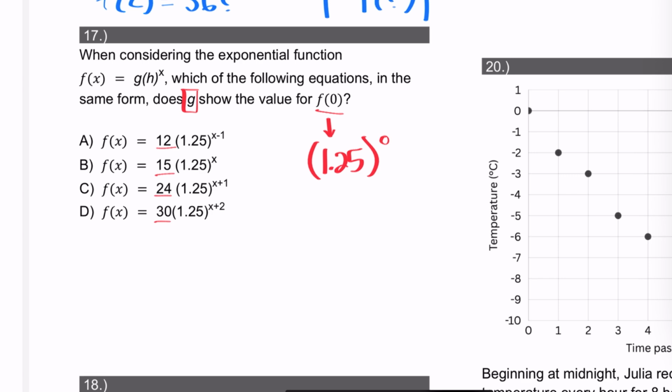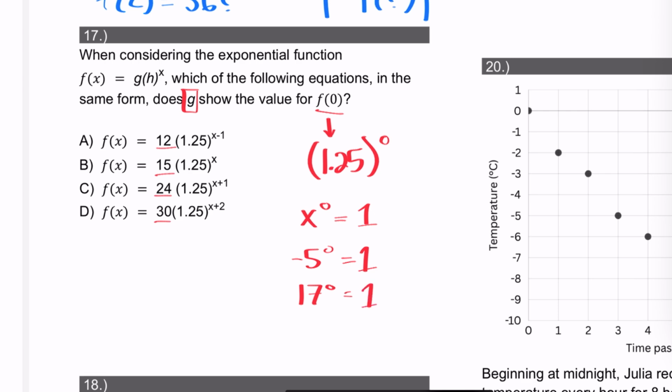And so basically, what is any number to the power of 0? Remember the rule, and that's what they're testing you on here. They want to know, do you know what something to the power of 0 is? And it's always 1. Like negative 5 to the power of 0 is 1. Just throwing out random numbers, 17 to the power of 0 is 1. It's always 1.